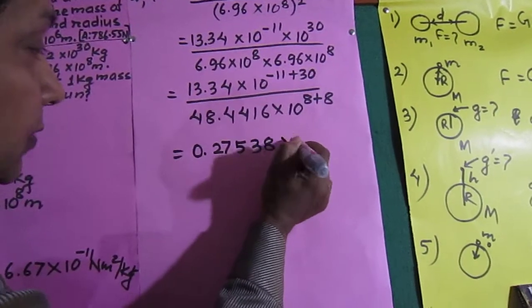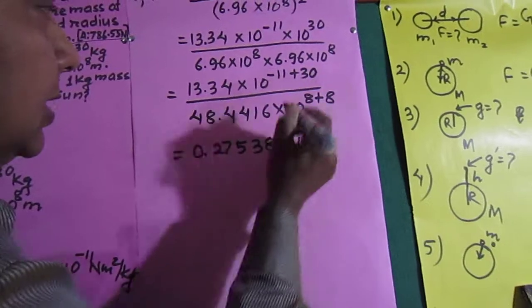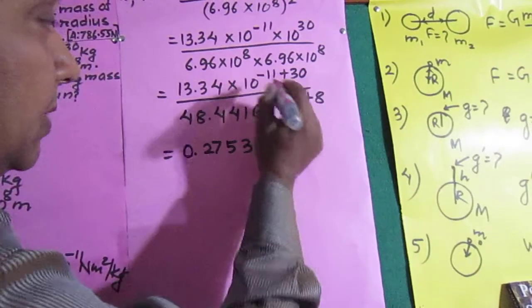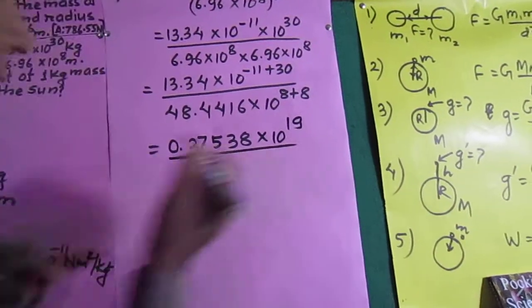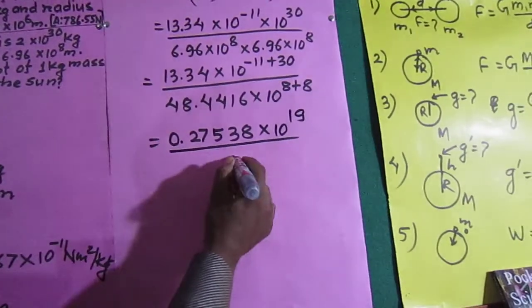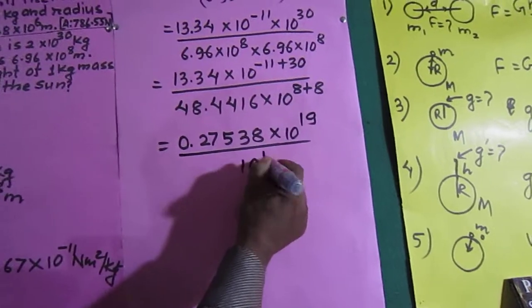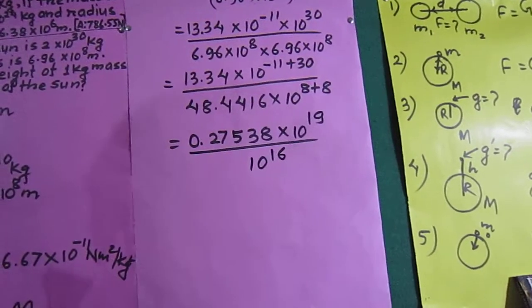Now the remaining power of 10: 10 to the power minus 11 plus 30 means 30 minus 11 becomes 19, and divided by 10 to the power 16, which is left, 8 plus 8.